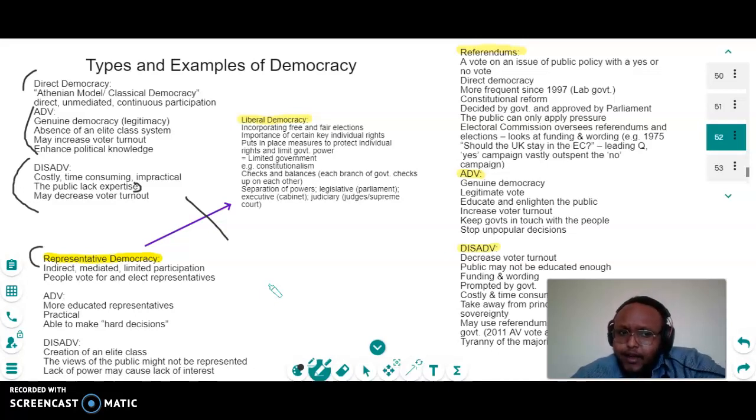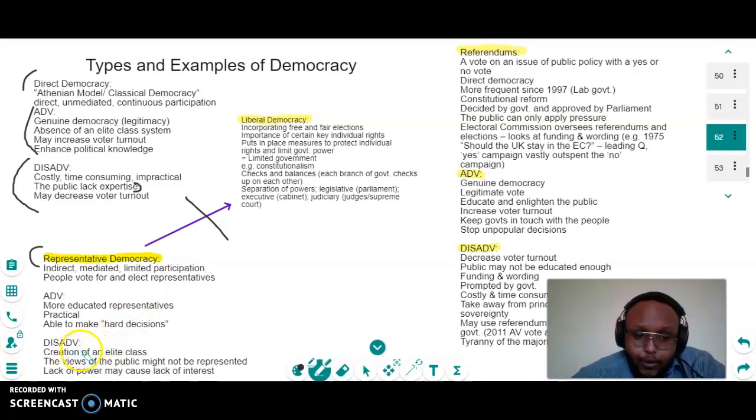So it kind of limits some of the problems that we see with direct democracy. It's practical. So the individual doesn't need to spend a vast majority of their days essentially worrying about what laws are being passed because they've elected someone specifically for that role. So remember that those are the two main takeaway points there.